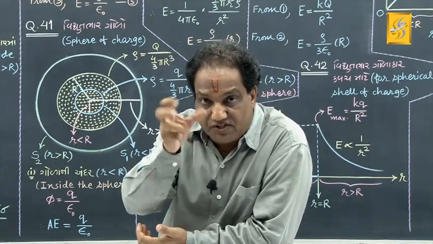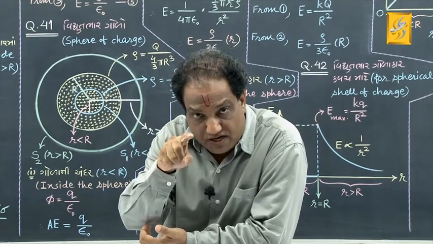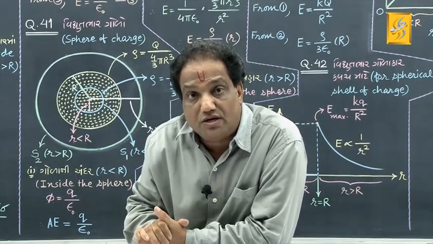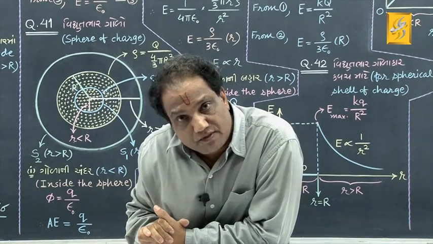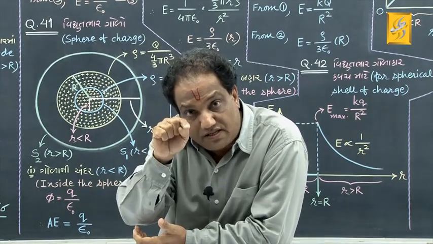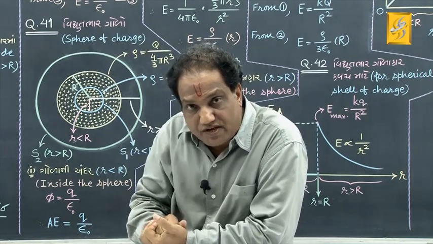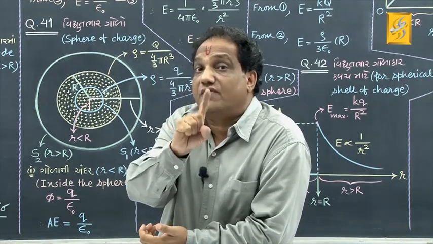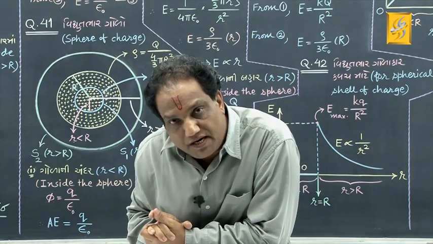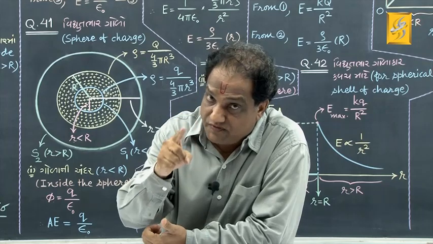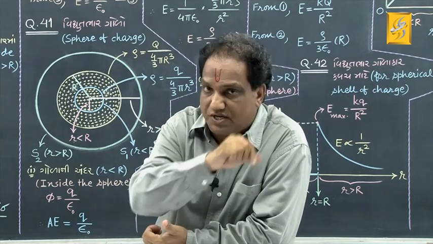If you have a metallic sphere and you make it charged, then that charge is deposited only on the surface. There is no charge inside that sphere, correct? So, when charge is present only on the surface, you can say it has surface charge distribution. But right now I am not talking about charged sphere, I am talking about sphere of charge.